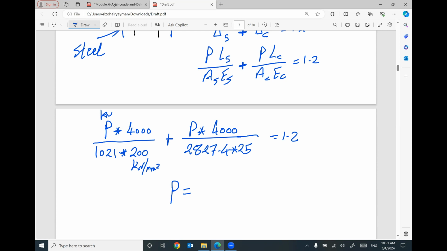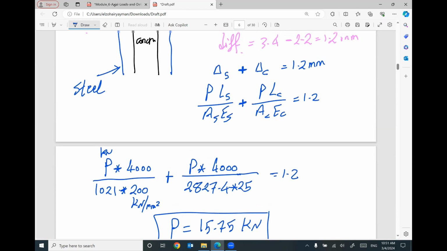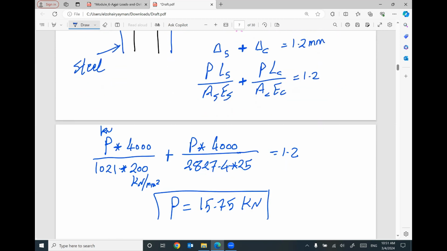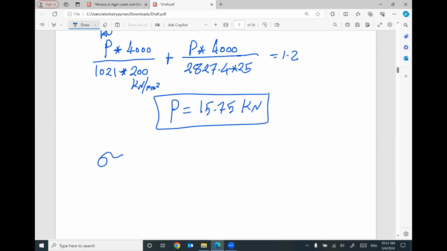I think the applied force will be 15.75 kilonewton. That makes sense? Keep in mind, this force will push the steel down. So we will have compressive stress in steel equal to the applied force divided by the area of steel.